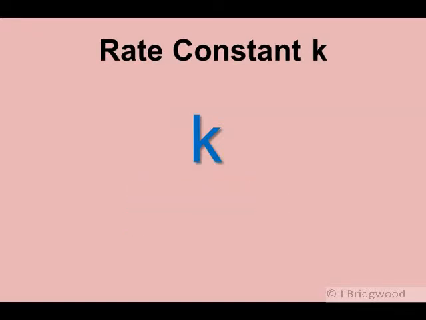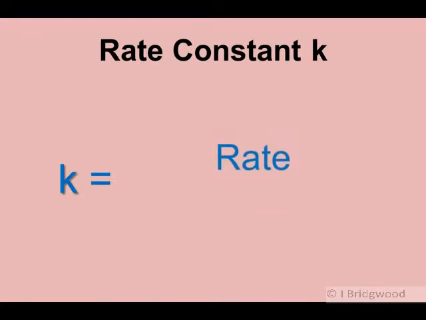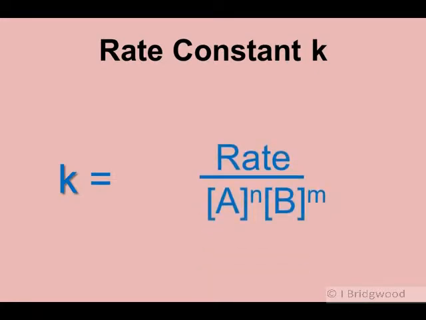So if we take our equation, rate equals k, concentration of A to the power n, concentration of B to the power m, and rearrange it, we get k equals rate over concentration of A to the power n and concentration of B to the power m.